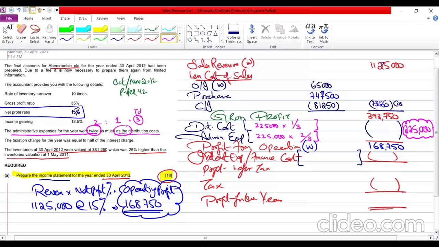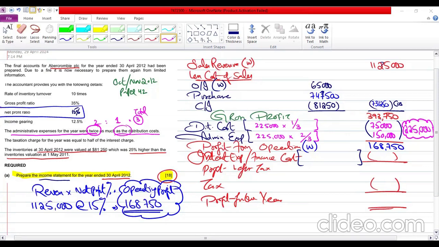So we will distribute 225,000 in the ratio of 2 and 1. So what are the answers? I guess 75,000 and the other is 150,000.